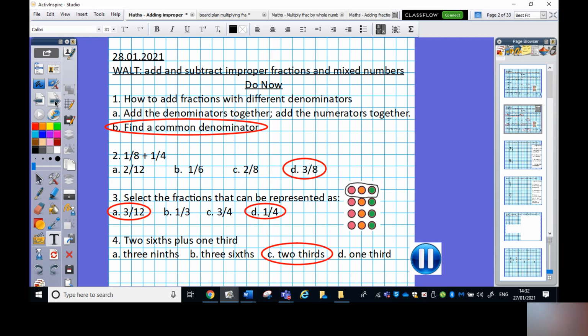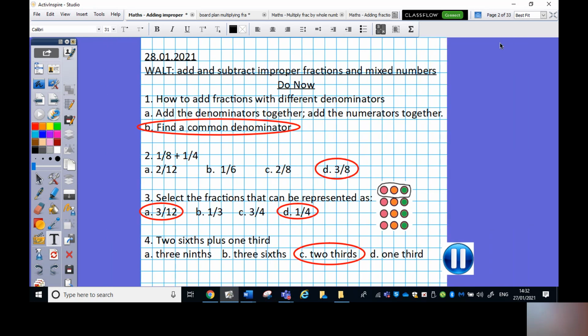Number 3. It can be either 3/12 or 1/4. And number 4, 2/6 plus 1/3 equals 2/3. How did you do? Good job.